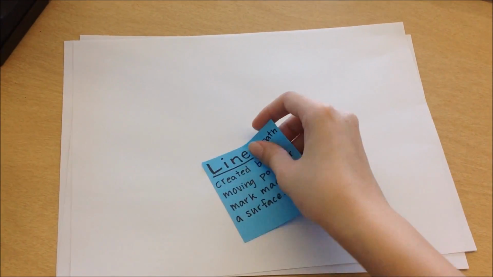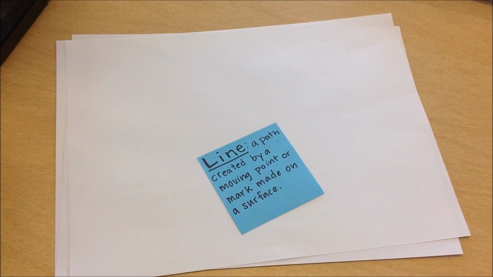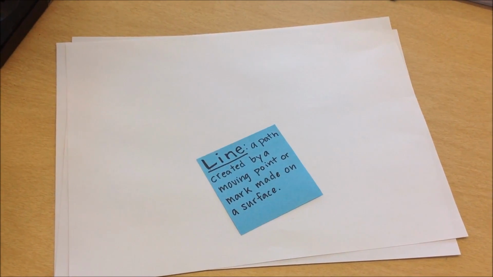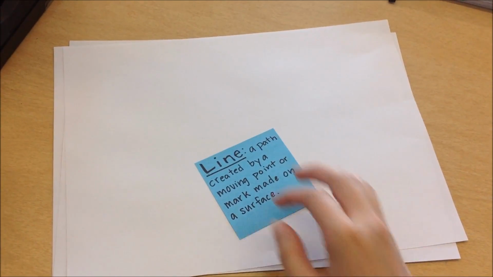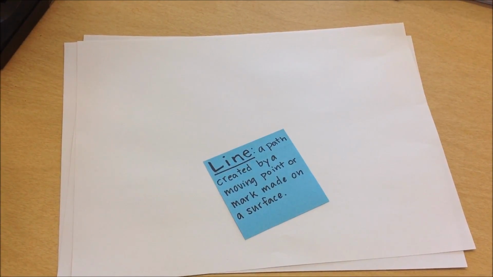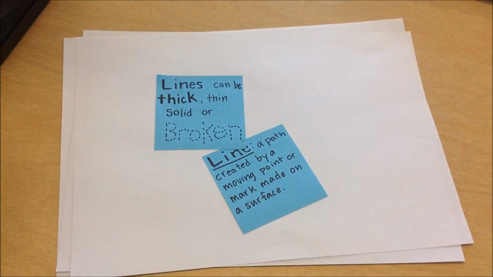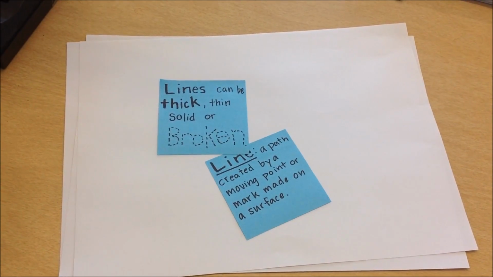First, some quick definitions. One, line: a path created by a moving point or mark made on a surface. This should be in your sketchbook, so take a moment, pause this video, write this down. All right. Lines can be thick, thin, solid, or broken.